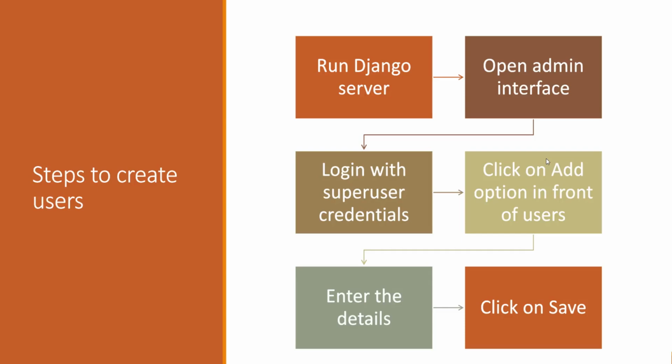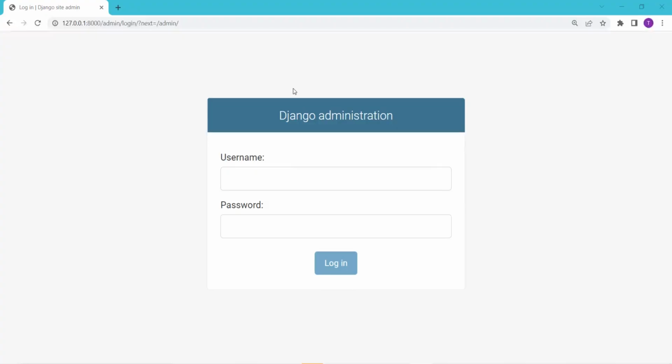Now we will discuss this process with the help of an example. The first and most important step in creating any type of user is to run the Django server and open the admin interface. I have already opened the admin interface. The next step is to log in to the admin panel with the superuser account.